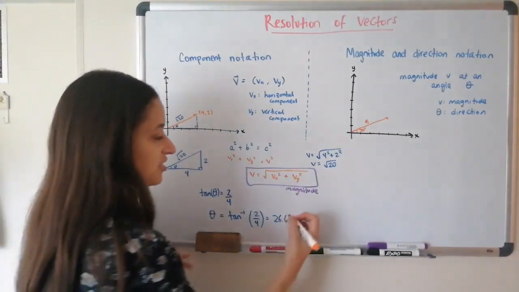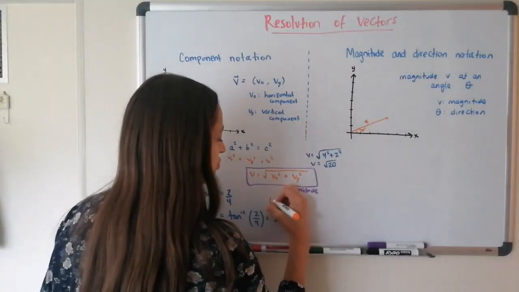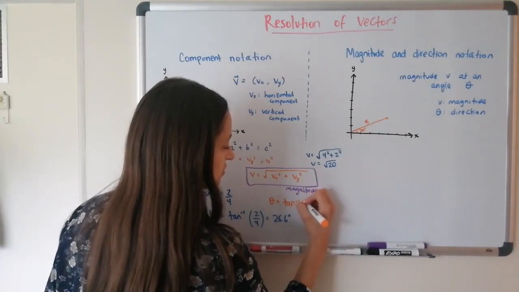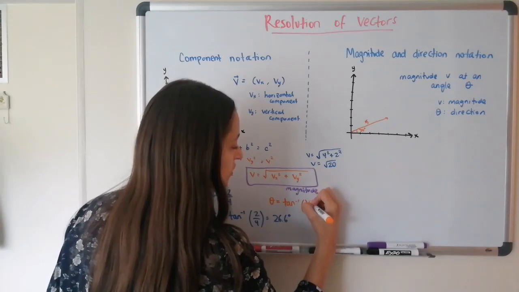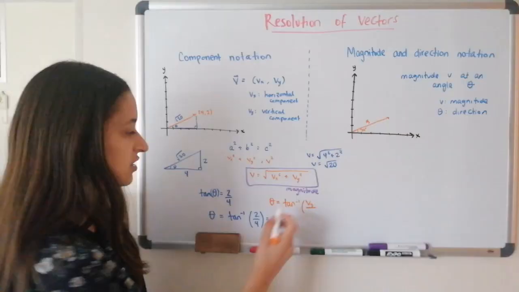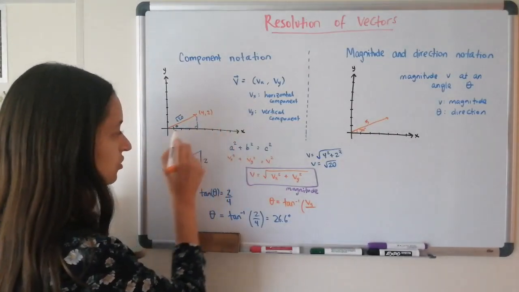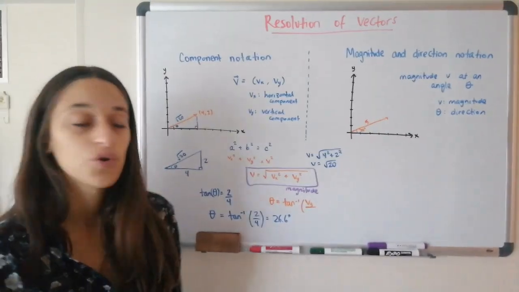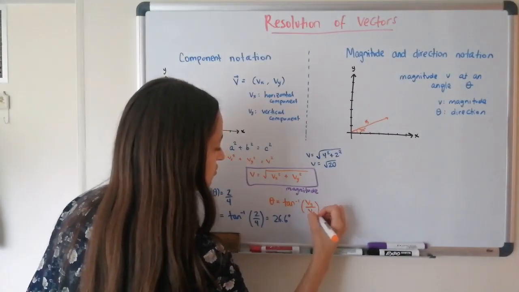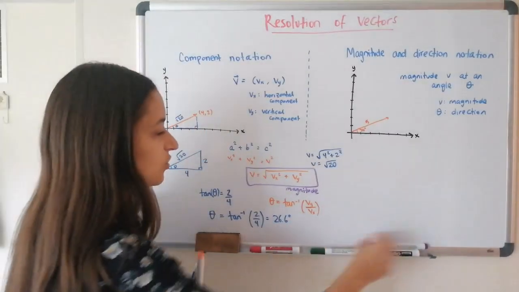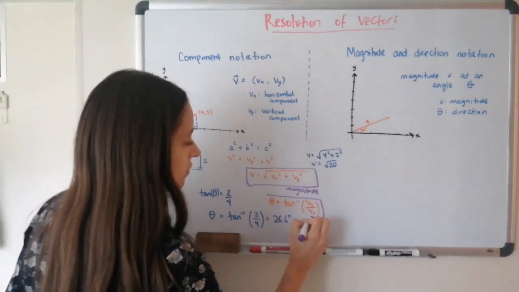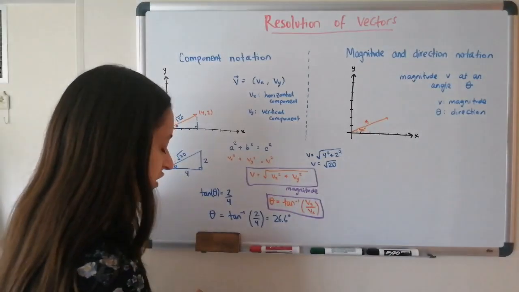So as a general rule, the angle theta is the inverse tangent of always our vertical component, which is the opposite to the triangle, over our horizontal component, which is the adjacent to the triangle. So this is the equation that will always give us the direction of the vector.